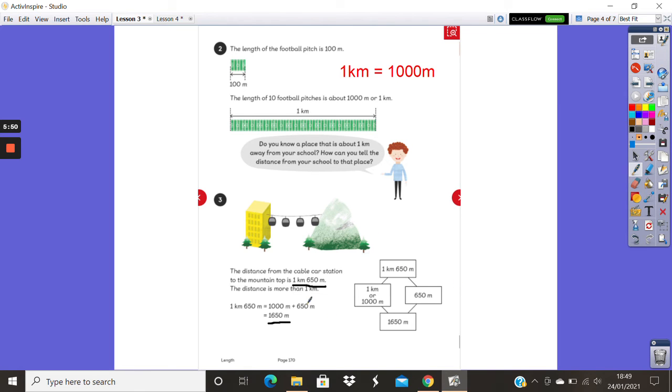So again, looking back at that grid that we also did last week, we've got 1 kilometre 650 metres: 1 kilometre or 1,000 metres, and then 650 metres, and then you add the 1,000 metres and the 650 metres together, which gives us 1,650 metres.